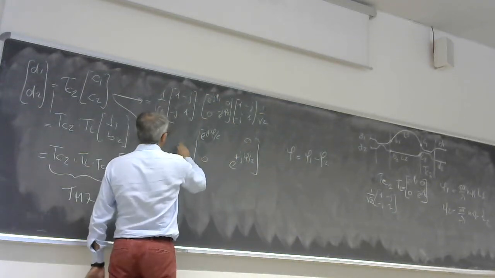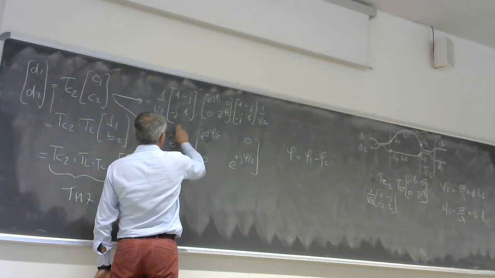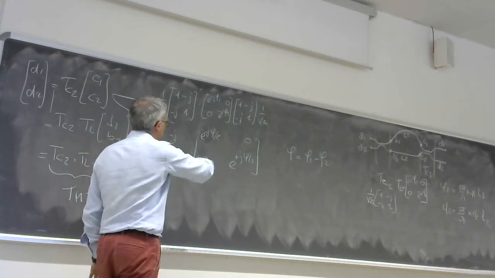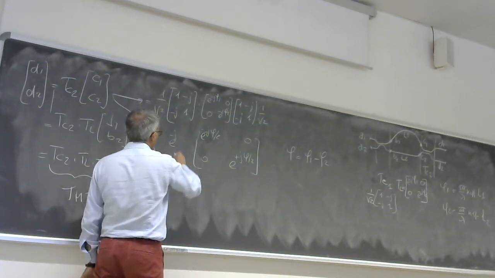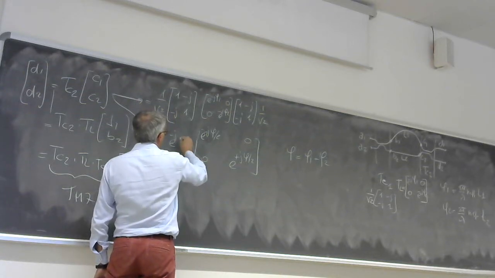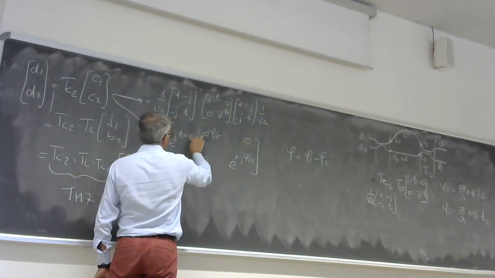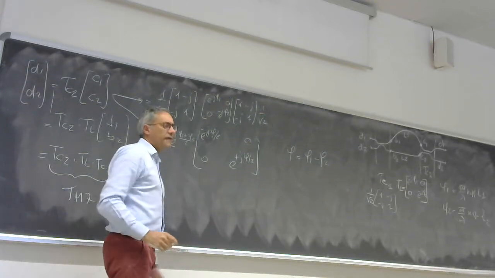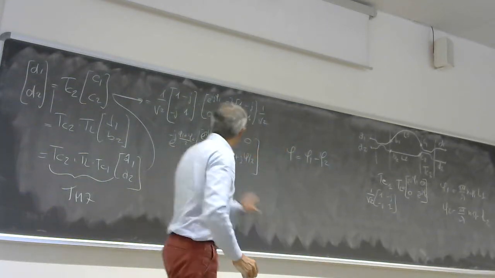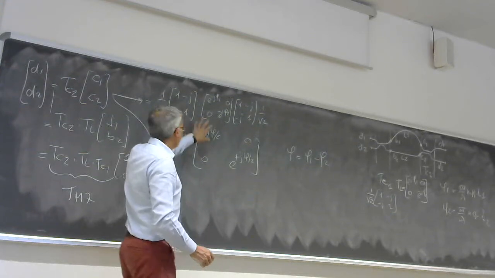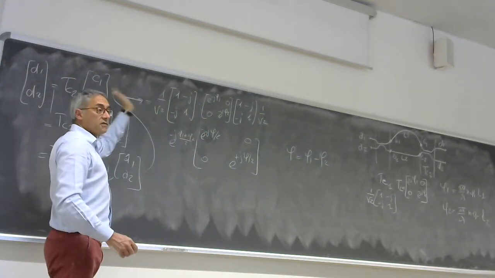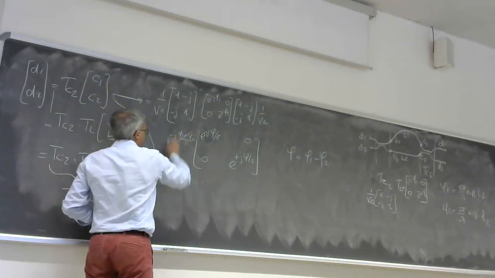And here we have a term that is everything missing from this. So it is a common phase term, probably phi1 plus phi2 divided by 2 if I well remember, but it's not very important. It's a phase term common to everything that goes outside. So we are not interested in this.